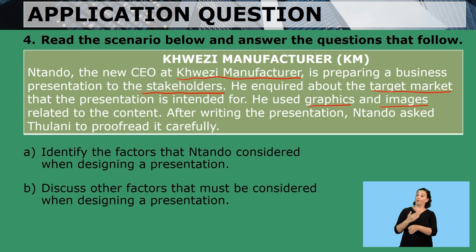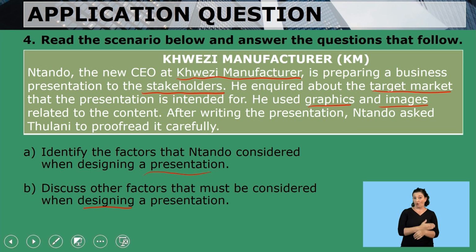All right, the first question says, identify the factors that Ntando considered when designing a presentation. Secondly, discuss other factors that must be considered when designing a presentation. So basically here they're talking about before the actual presentation. So what must you consider?